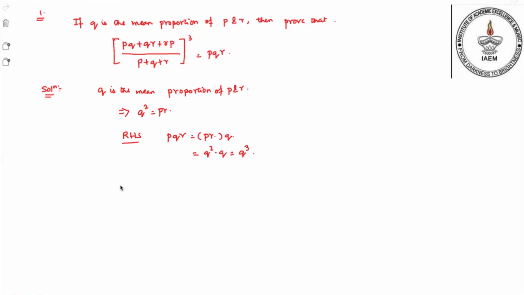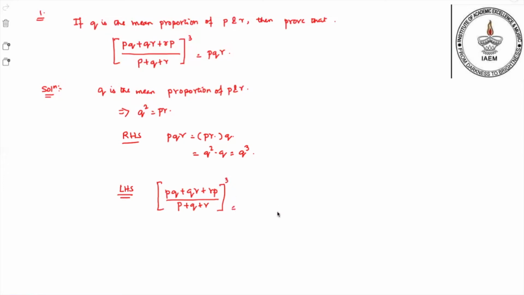Now, if we look at the LHS, PQ plus QR plus RP divided by P plus Q plus R whole cube.